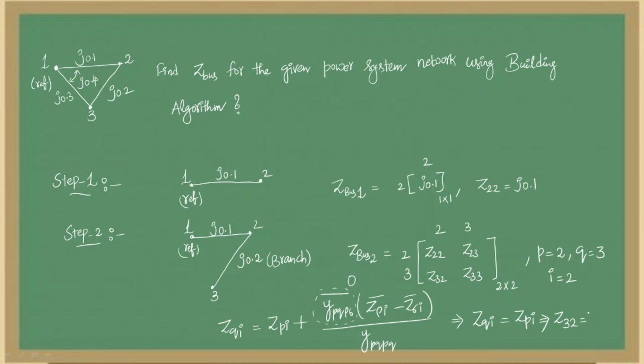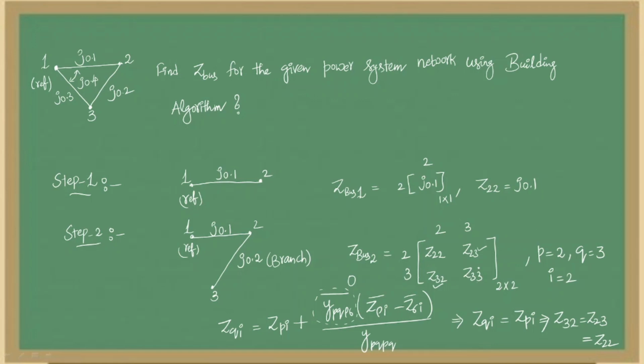So Z32 is same as Z23 and it is equal to ZPI. In place of P, if you substitute 2 and in place of I, if you substitute 2, it becomes Z22. Now what is Z22? It is J 0.1. So no need to find Z23 separately. Z32 and Z23 both are same and they are equal to Z22, which is J 0.1.